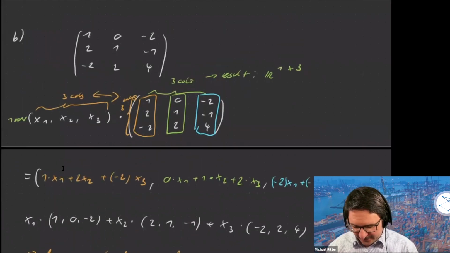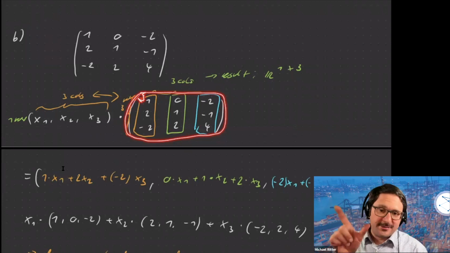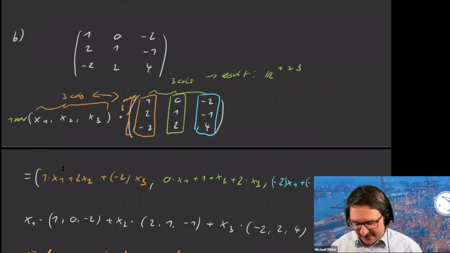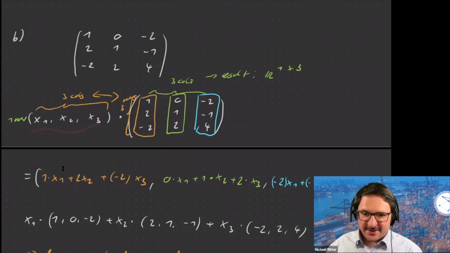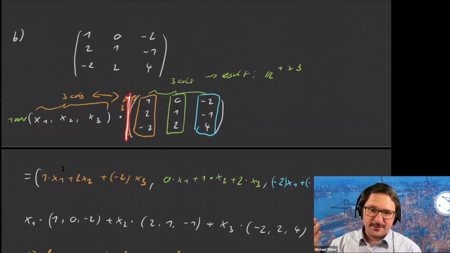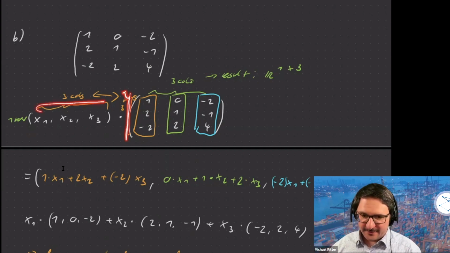If I have this matrix and I want that to be the right matrix in my multiplication, again the middle dimensions have to agree. So I need to look at the number of rows of that matrix. That's the middle dimension here. Whatever I multiply on the left must have the same number of columns as this matrix has rows. So I have 3 rows here, I need 3 columns here.